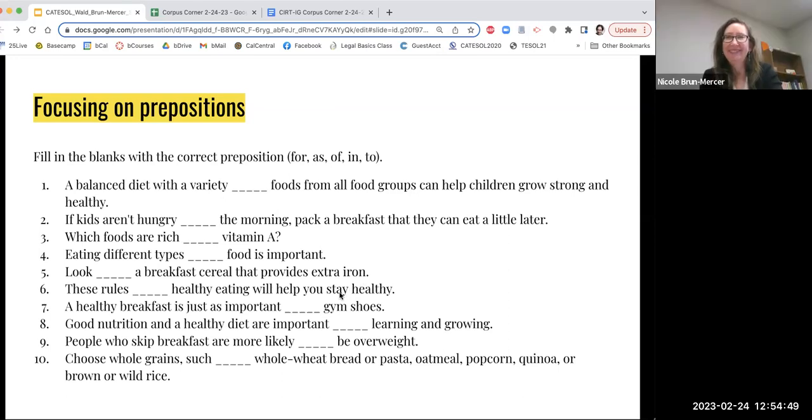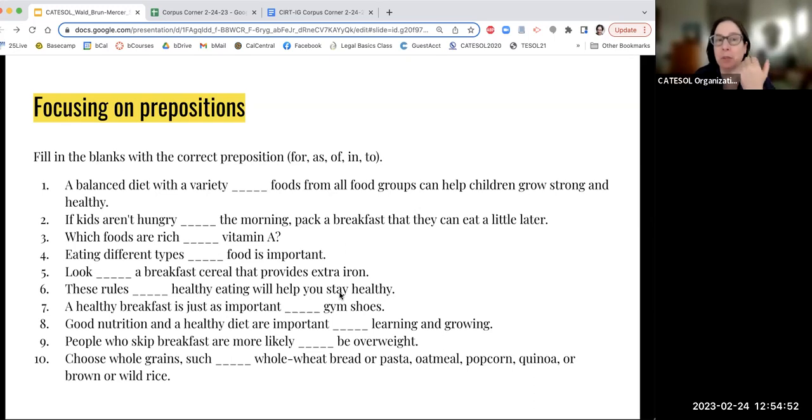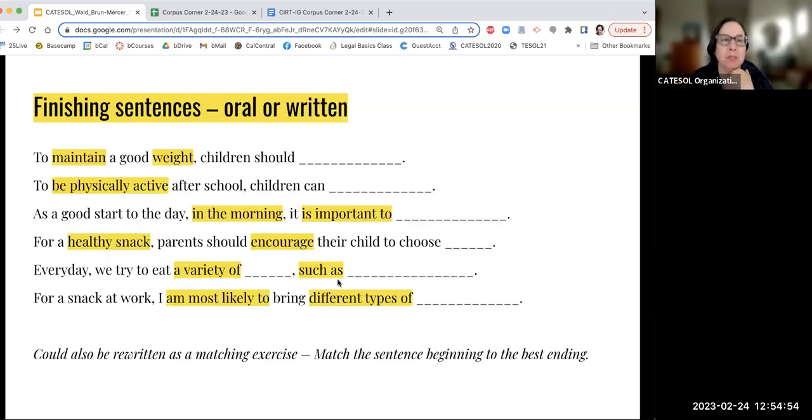Okay, all right. So this is nothing surprising, but it's just good to remember: finishing sentences, right? Or rewriting it as a matching exercise if you want, but really giving them more and more passes at these phrases, these n-grams. To maintain a good week, children should... and you can have them in pairs trying to finish the sentences together in writing.